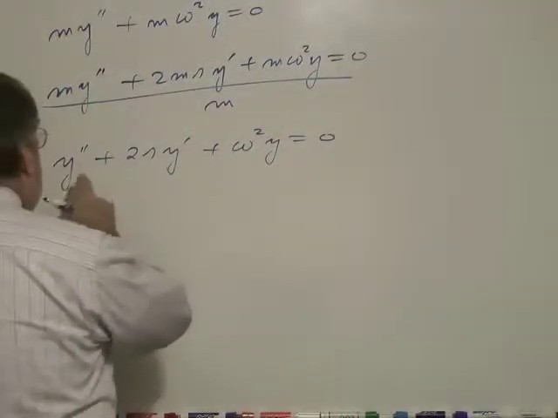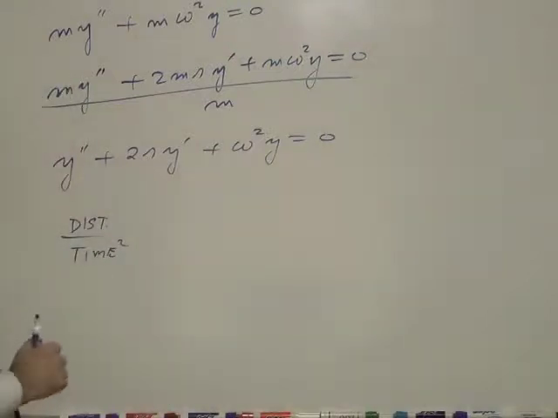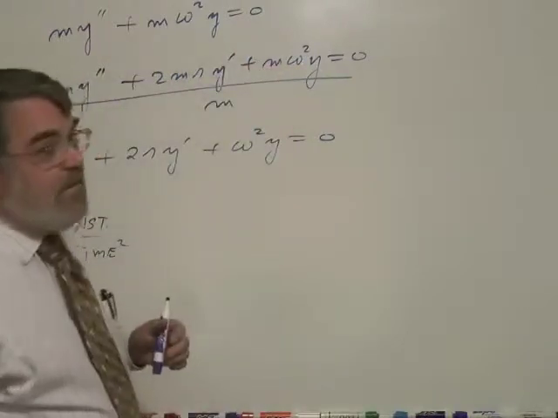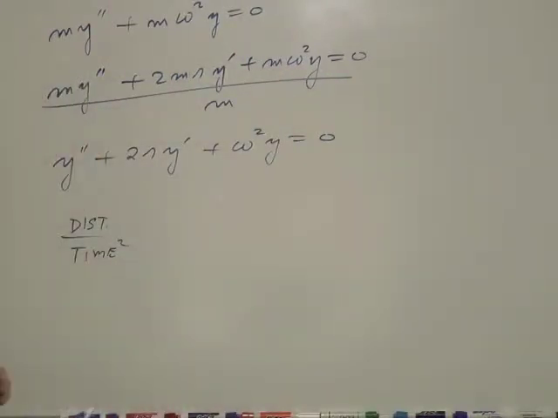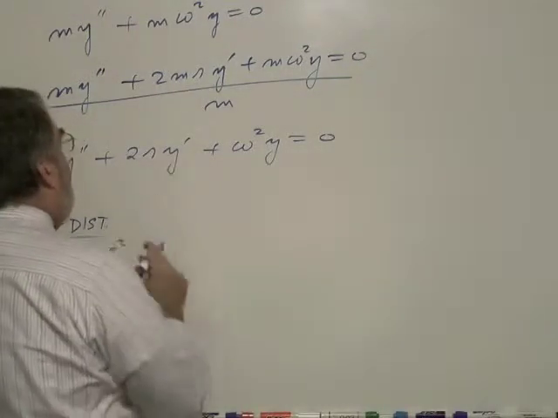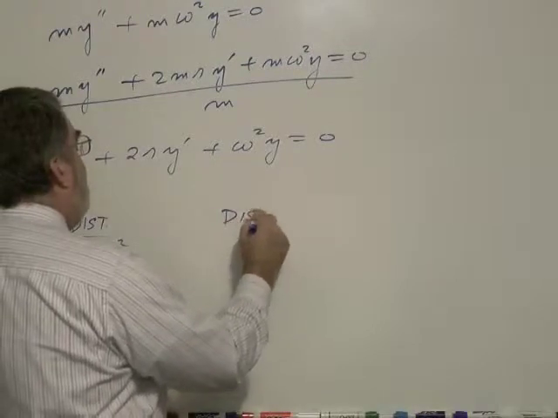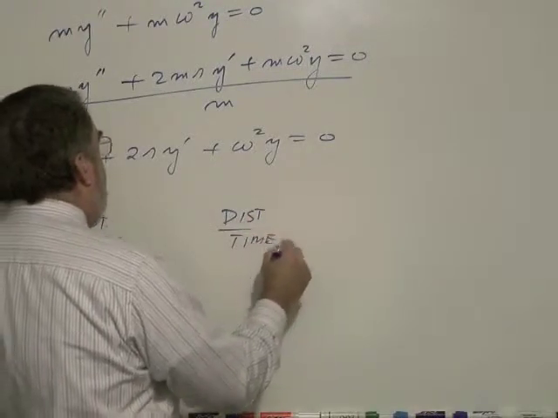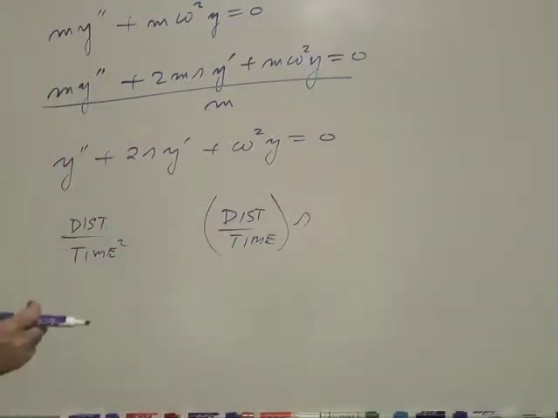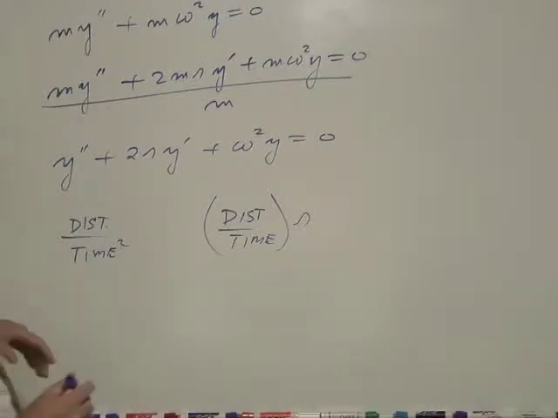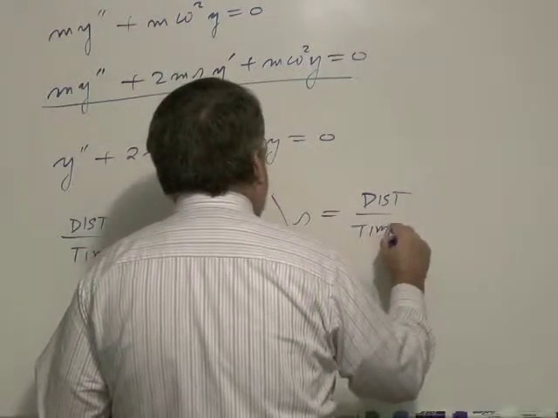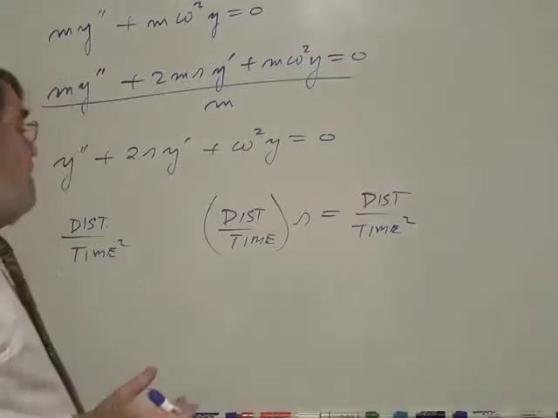And so each of these is an acceleration unit, and before I divided mass out, each of these was a force unit. Dividing mass out turned it into acceleration. So the r, y prime, well, y prime is distance per time, times letter r, 2r if you want, but it doesn't matter, times r is equal to acceleration units, distance per time squared. So what is r?